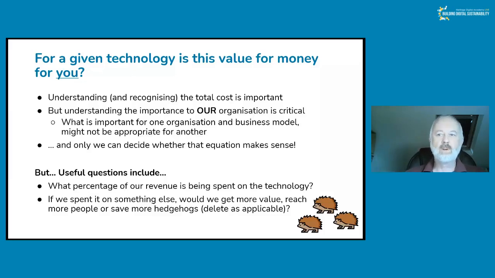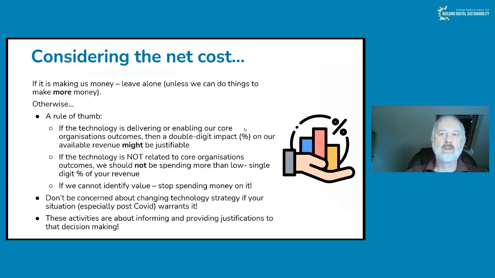But useful questions include, how much of your revenue is being spent on that technology? And if you spent it somewhere else, would you get more value? Would you reach more people, save more hedgehogs, whatever your organization is trying to achieve? Consider the net cost in this. If it's making you money, then leave it alone unless you can further improve it.